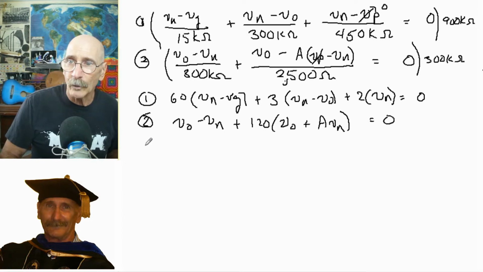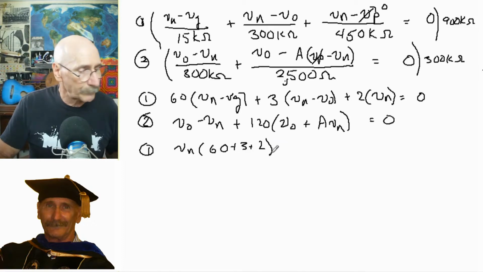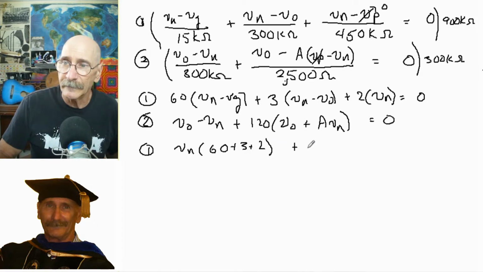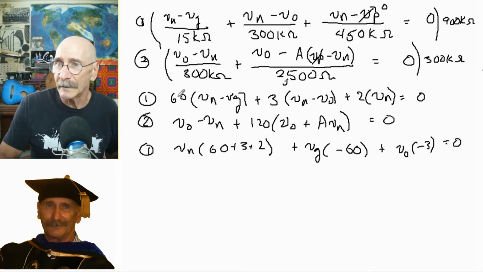A little bit more playing with equation 1, and we're just going to add terms here. Vn times 60 plus 3 plus 2, plus VG times minus 60, plus Vout times minus 3 equals 0. I've collected the 60, 3 and 2 scattered around.